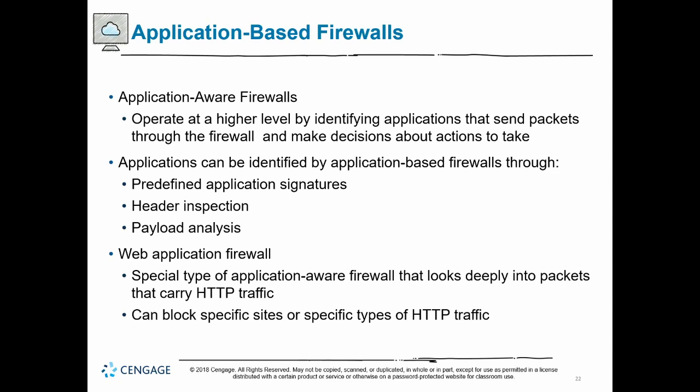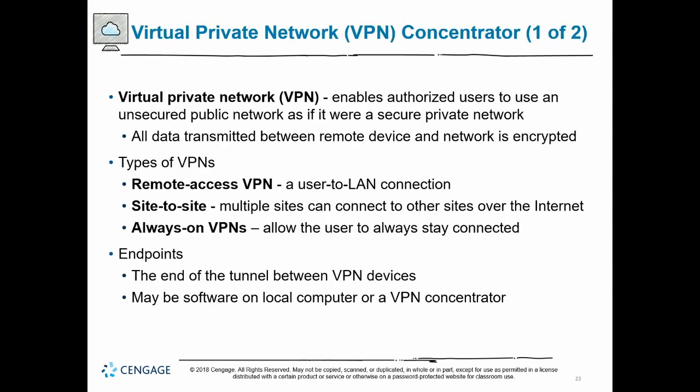Applications can be identified through predefined application signatures, header inspection, and payload analysis. Web application firewalls are special types of application-aware firewalls that look deeply into packets that carry HTTP traffic, or port 80, and can block specific sites or specific types of HTTP traffic.